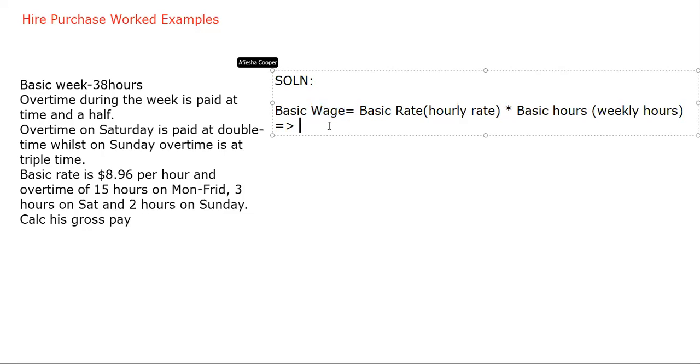This will now be $8. So we looked through the question and we saw where they said his basic rate is $8.96. So we multiply that by his basic hours, which is 38 hours, right? So basic week, all the hours he worked for the week, his basic rate, how much he gets paid per hour.